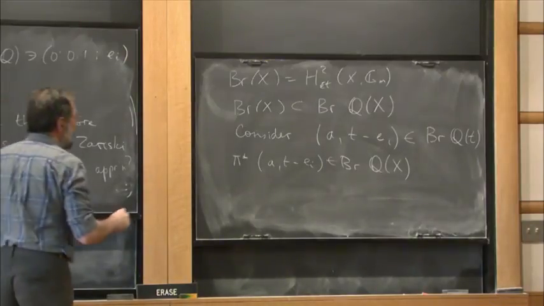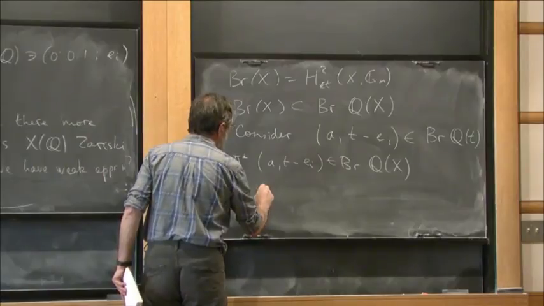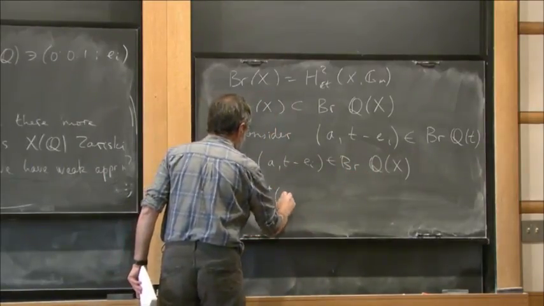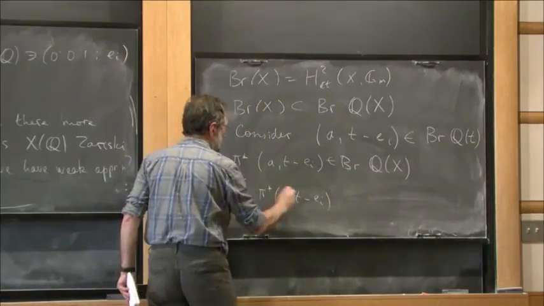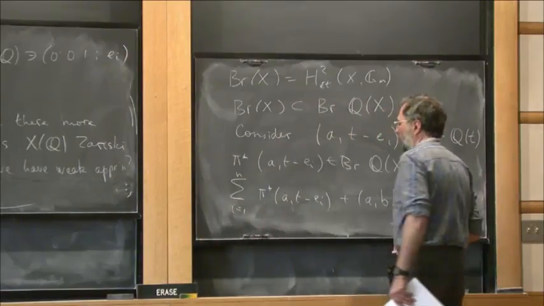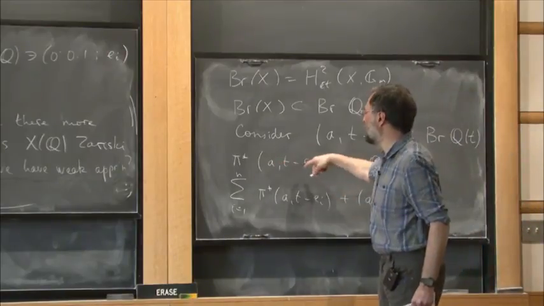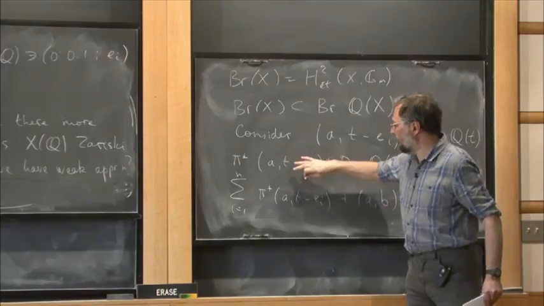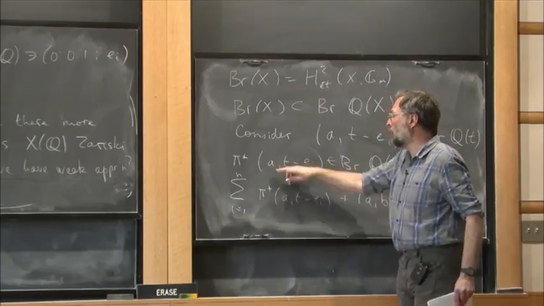And in fact, this follows from the equation. The equation says immediately that we have the following relation in the Brauer group of Q(X). If you have a symbol such that one of the constituent elements is a norm for the quadratic extension given by the square root of a, then the symbol is 0.